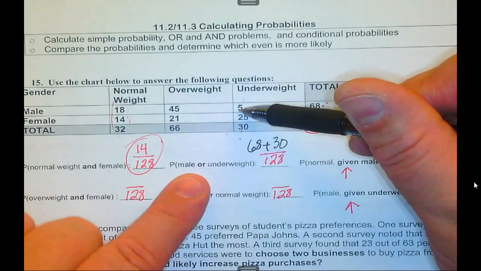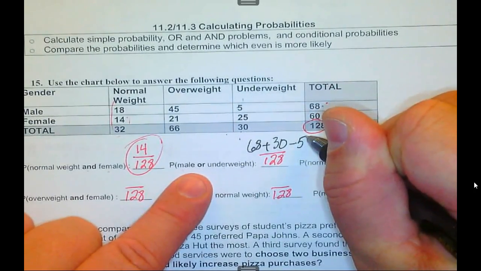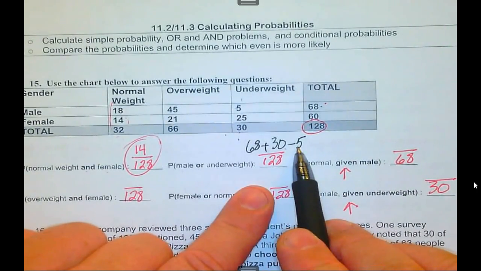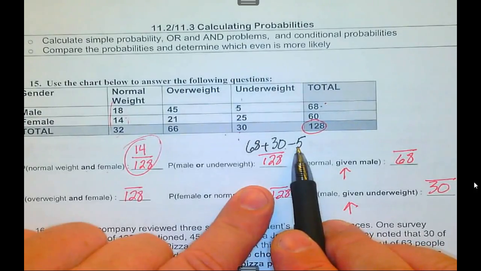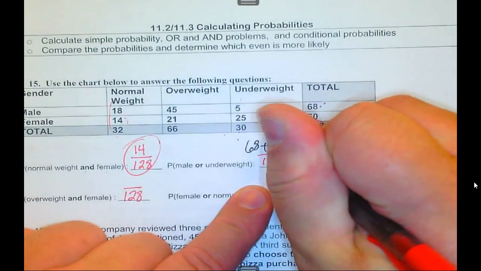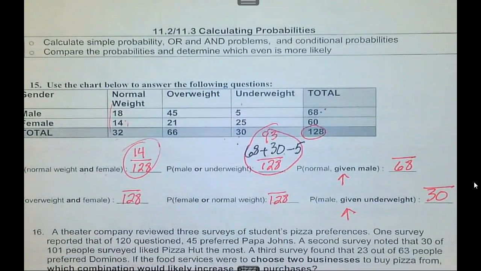The 5 we counted twice, so we're going to have to subtract that 5. With me? So I have 98 minus 5, 93. 93 over 128. Yes? Okay.